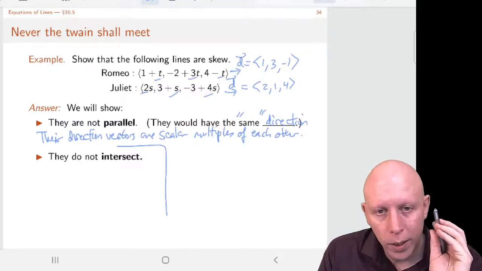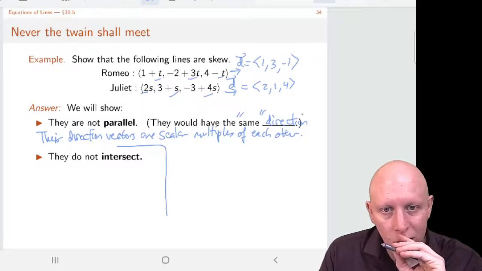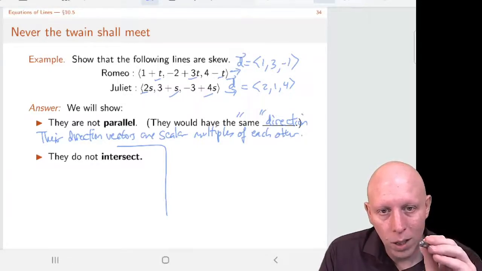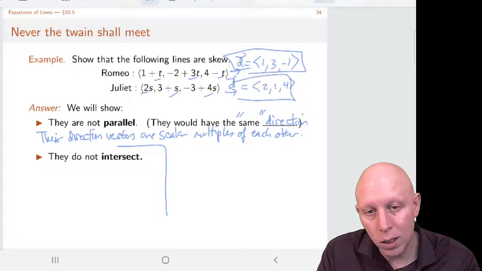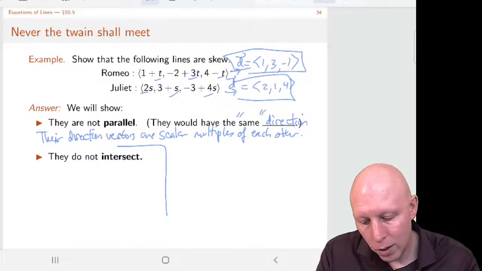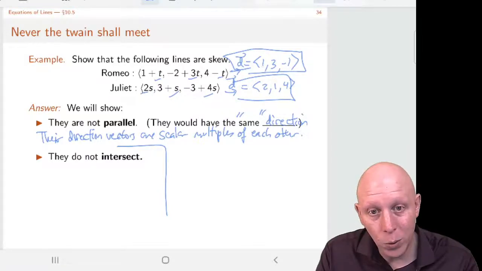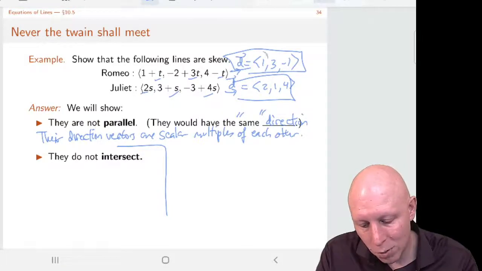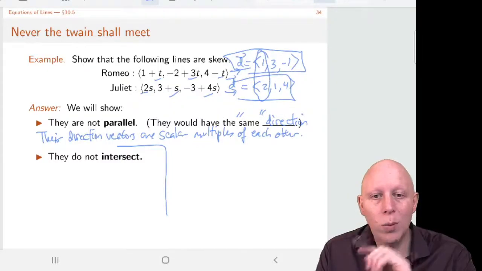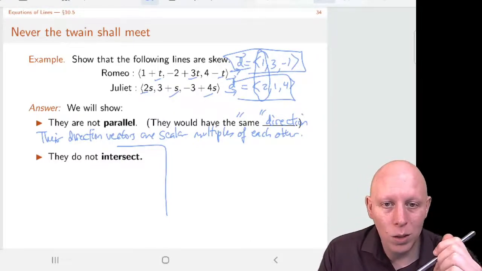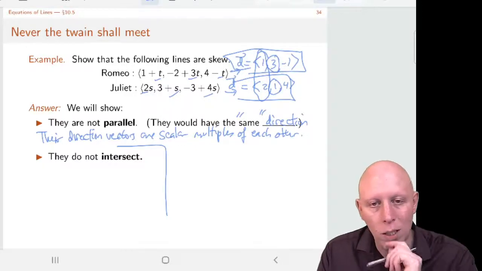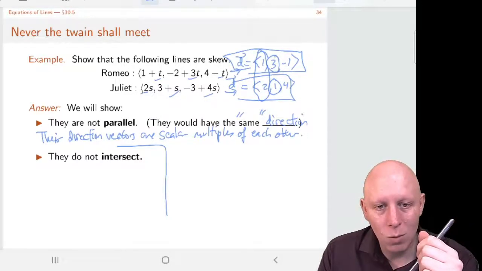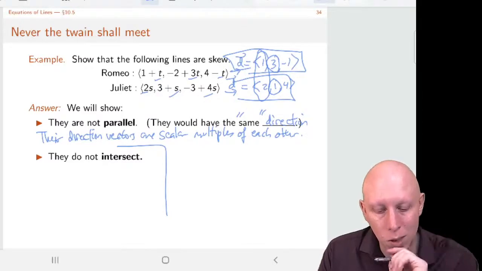If they were multiples of each other, there would be one number that if you multiplied it by the first one, you would get the second one. So, is that number 2? Our best guess might be we need to know what multiple takes 1 to 2. We multiply by 2, but then 3 would have to multiply by 2 to get 1, but it doesn't. 3 times 2 is 6.